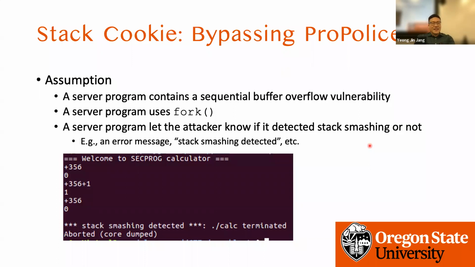If the stack was smashed, the default behavior is that it will kindly let us know the stack was smashed. If we see this message, your guess is wrong. If we cannot see that message, your guess is correct. So we have an oracle that tells us whether the guess is true or not.